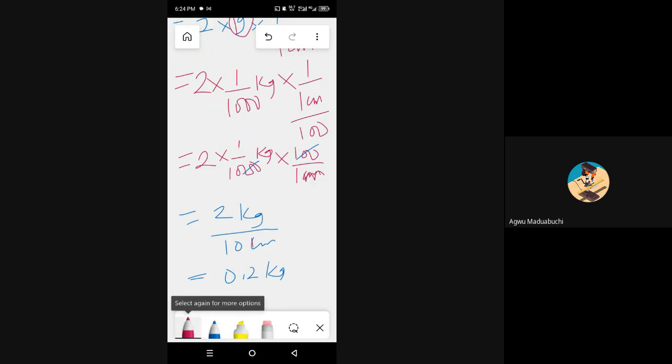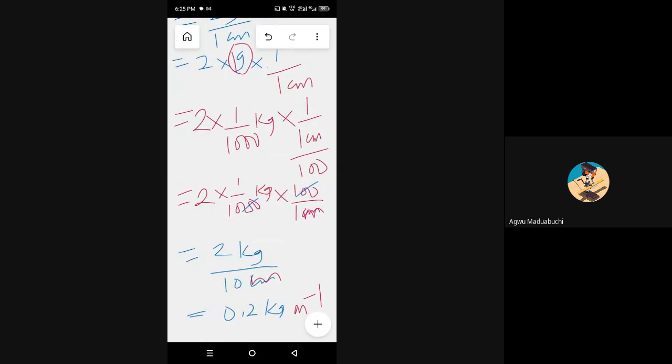So kg per meter. We have converted our final answer, since they said in the experiment that you should record your mass in grams and the length in centimeter. So that's what we use throughout for the table, for the graph.